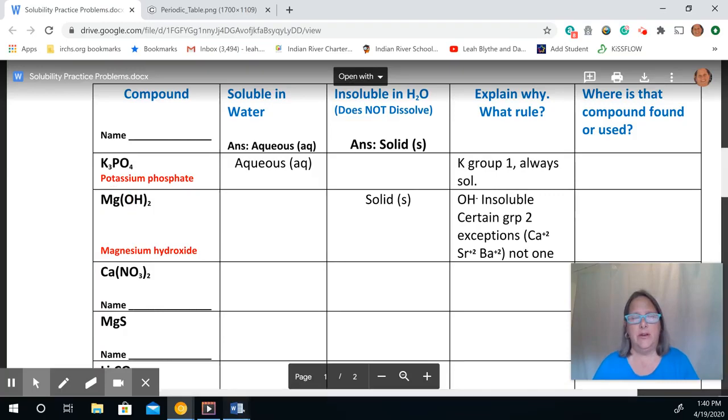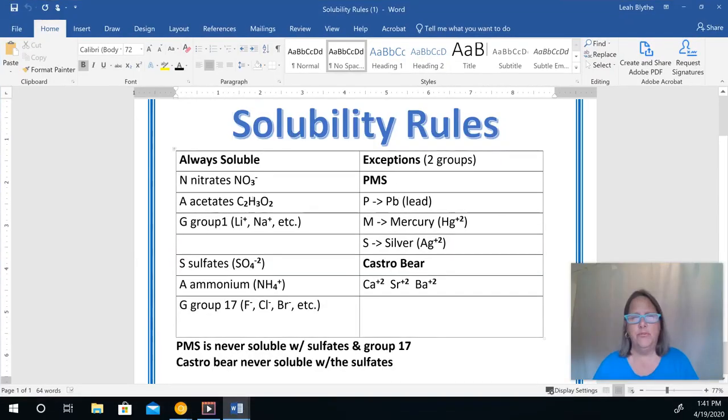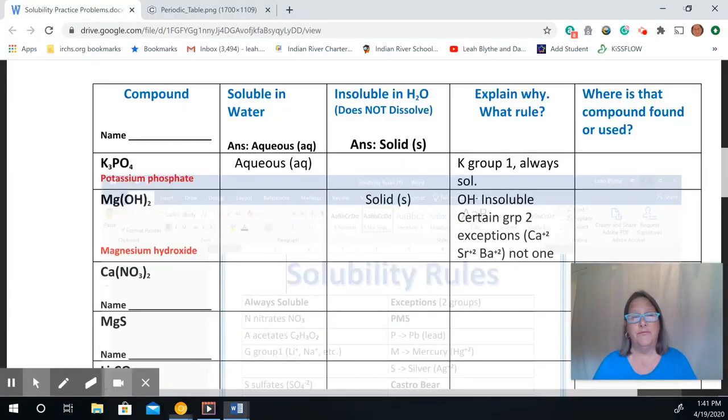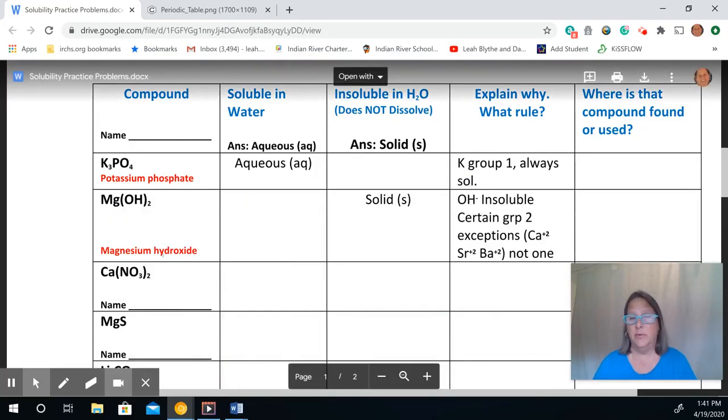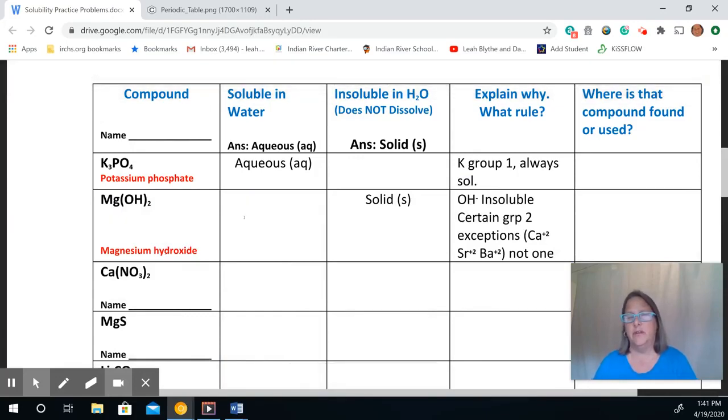And if we look at our solubility rules, magnesium, group 2, is not always soluble. So very likely it is insoluble, and hydroxide is not mentioned on the solubility rules either. Hydroxide is insoluble. Certain group 2 exceptions would be calcium, strontium, and barium. Magnesium is not one of those, and therefore it is insoluble.